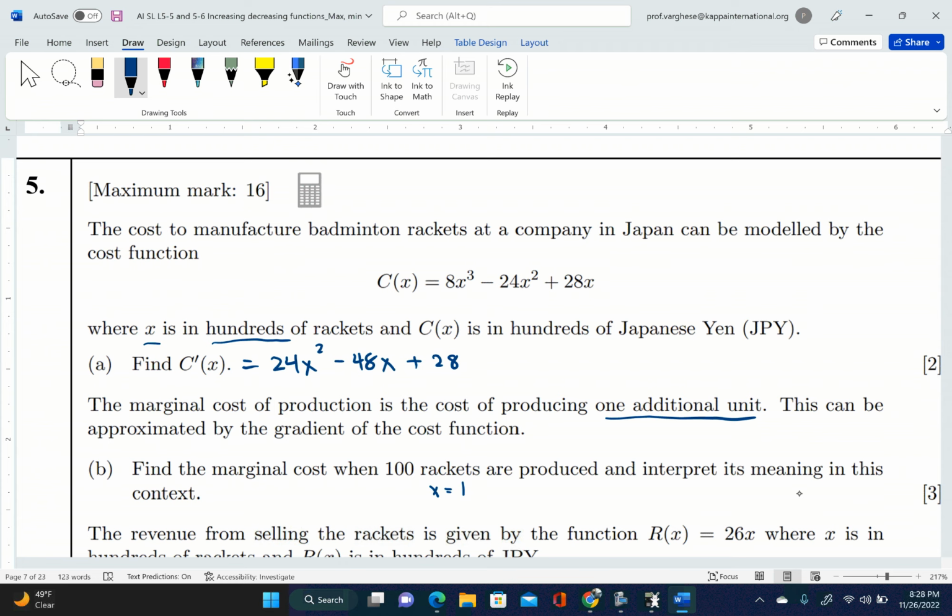We're going to take 1 and plug it into the function we have right here. So we're going to do 24 times 1 squared minus 48 times 1 plus 28.